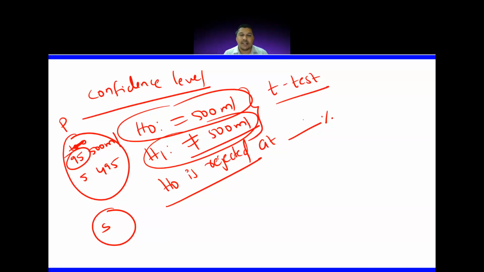So in that case, you have to use a parameter called confidence level. It is also called level of significance. Confidence level, significance level, level of significance: these are terms very frequently used. The standard we use is 95%.